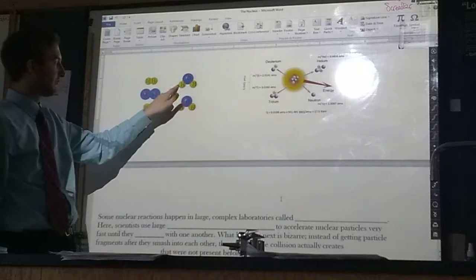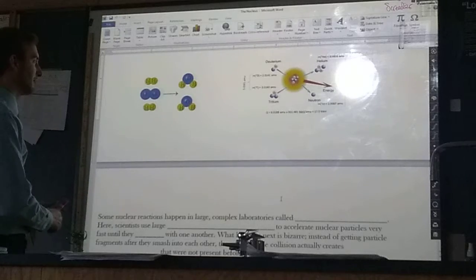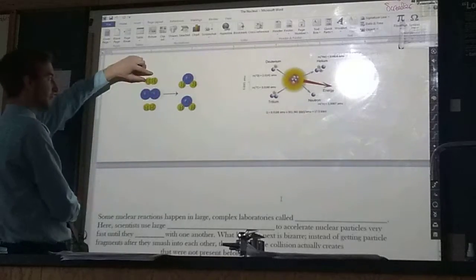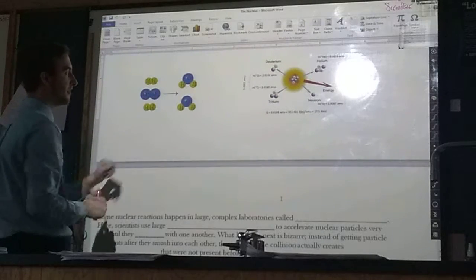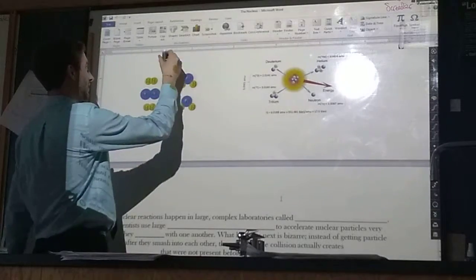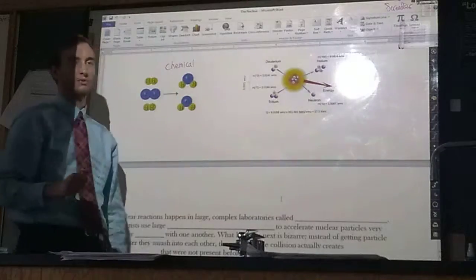They react to form this common molecule, H2O, water. Notice we have the same number of atoms: 4 hydrogen atoms and 2 oxygen atoms here, and 4 hydrogen and 2 oxygen over here. This is a chemical reaction. The types of atoms didn't change, just the molecules did.